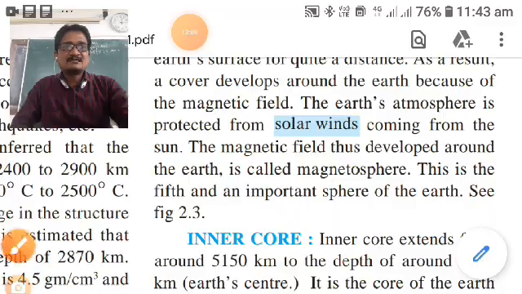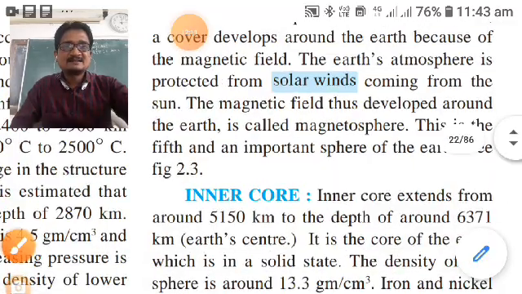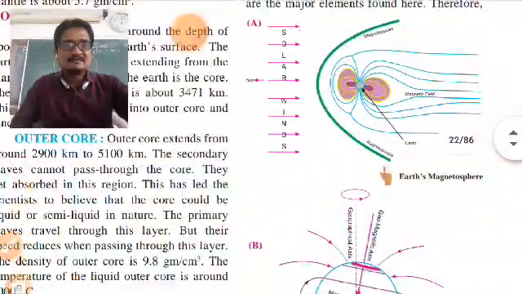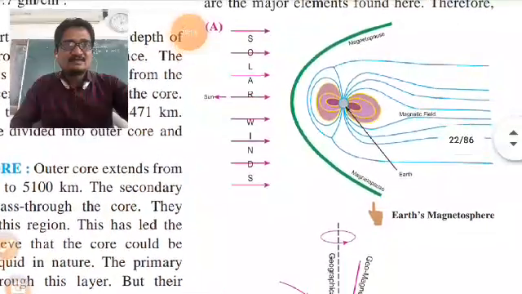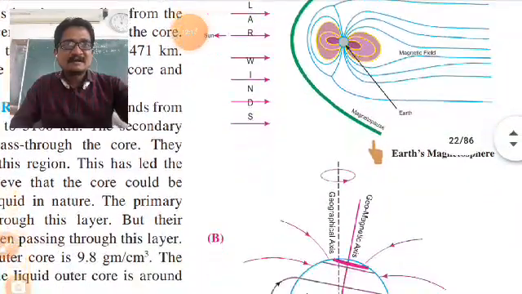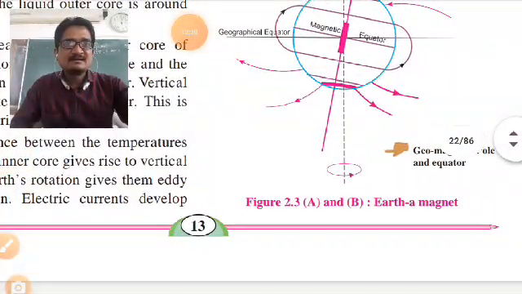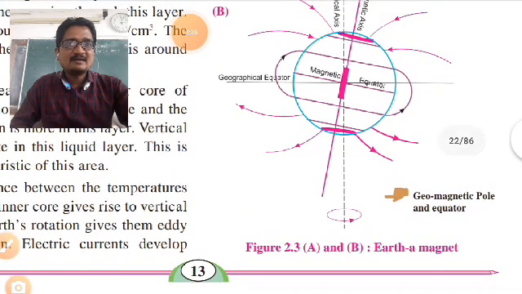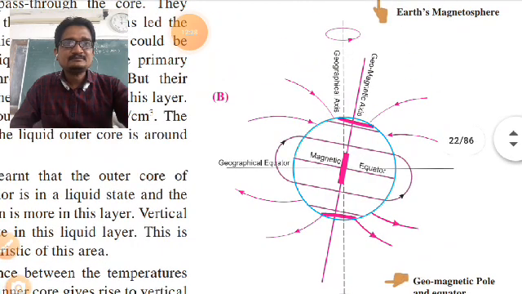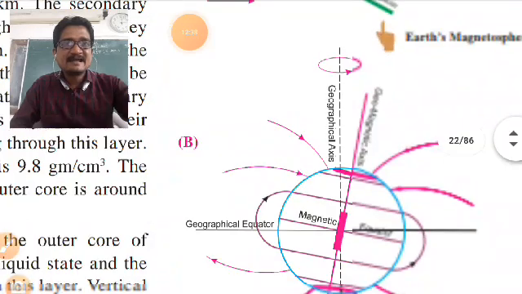See figure number 2.3 for this. These two figures you should practice at home in your notebook. Earth, a magnet. Figure number 2.3 A and B. Geomagnetic pole and equator. Equator line, geographical equator line, and magnetic pole. Axis, geographical axis. This geomagnetic axis, inclined axis is there.